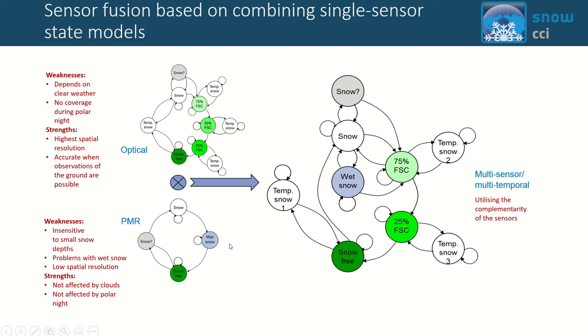So we are here trying to take the best of both sensor types: the higher resolution and higher accuracy from the optical, and the ability of the passive microwave to map during the polar night and not be affected by clouds.